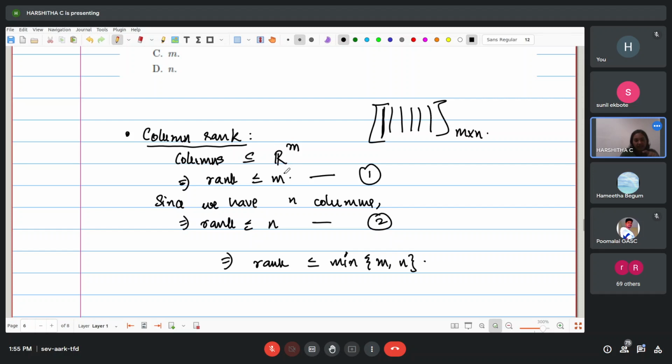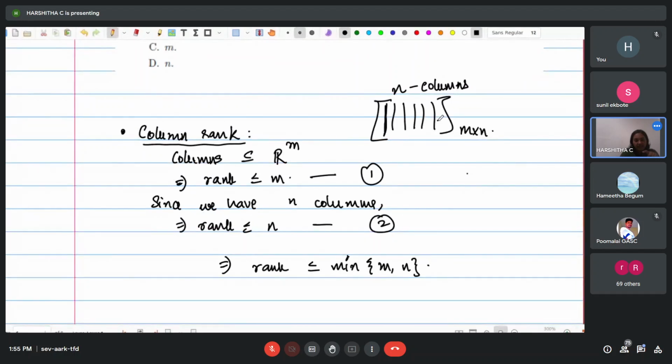So the dimension will be less than or equal to m, right? Yes. Next, you look at how many columns we have. We have n columns. So when you look at the space generated by any n vectors, the dimension will be less than or equal to n.